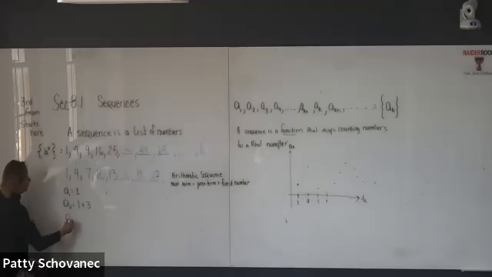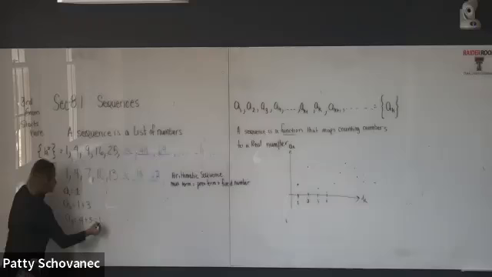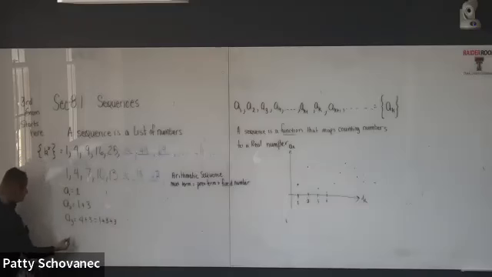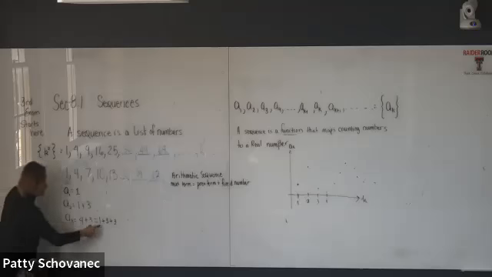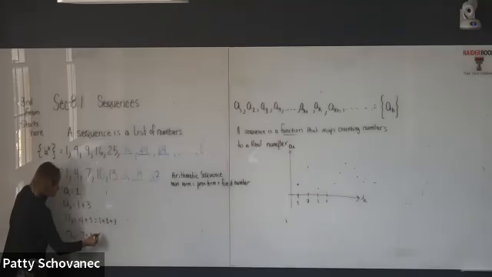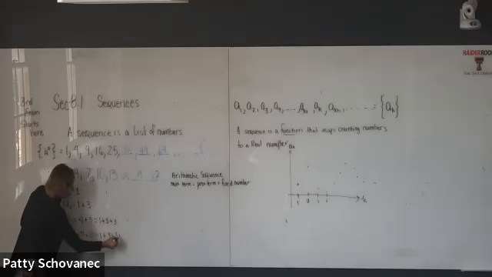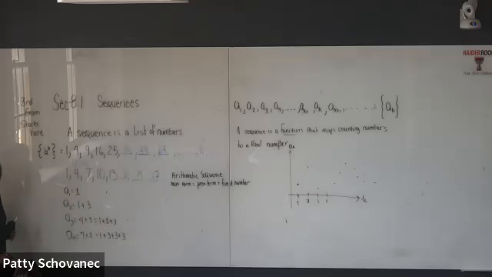And then a_3, the one in the third slot, is 4 plus 3. But I got the 4 by taking 1 plus 3. So I can think of that as 1 plus 3 plus 3. And then the fourth term in that list is that 10, which is 7 plus 3. But that 7 was 1 plus 3 plus 3. So I can write that as 1 plus 3 plus 3 plus another 3.